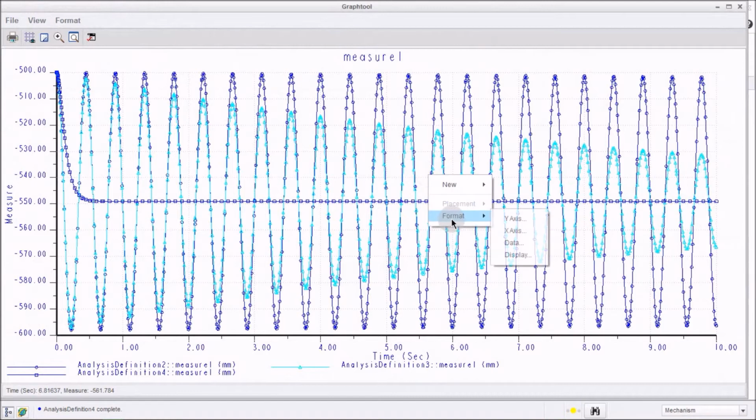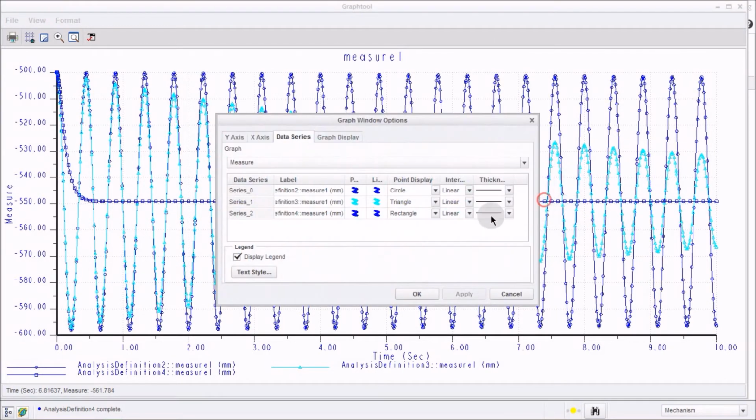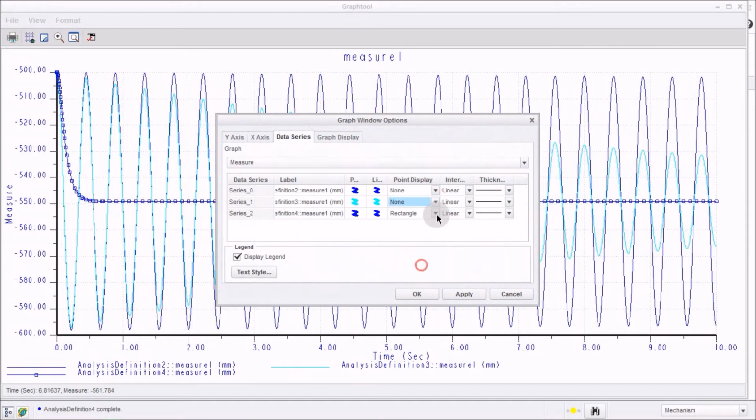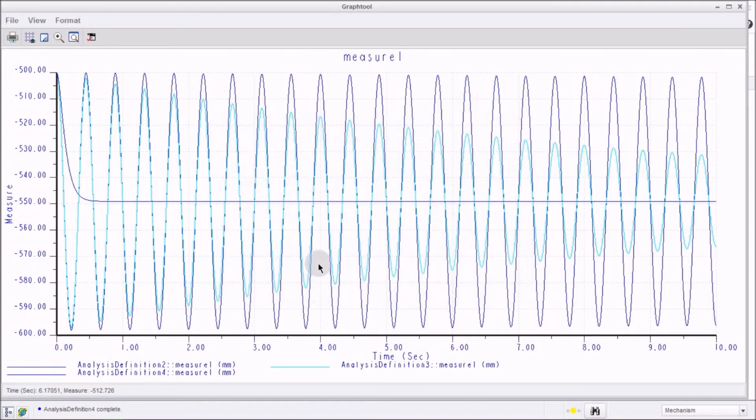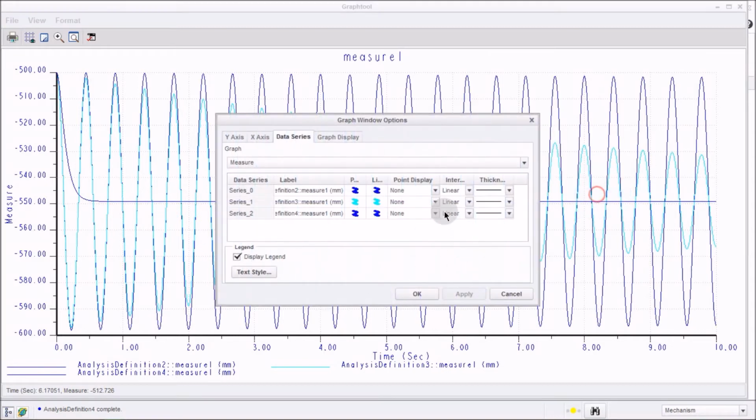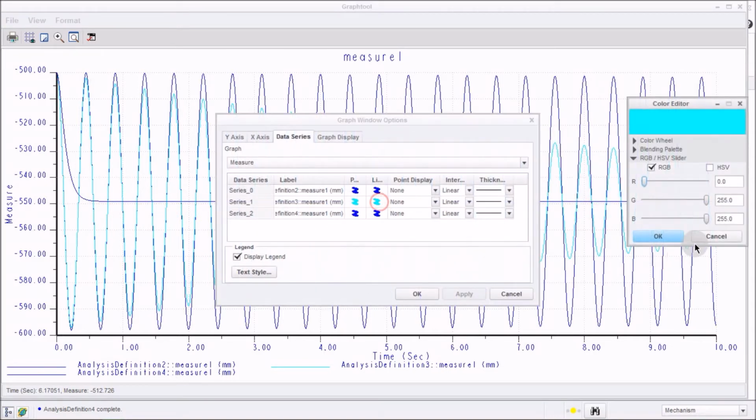For good visualization purposes, select format and data, and here at the point display select none. So here we have good visualization for this. Apply and okay. First of all, sorry, I convert this color for that. Let's say its color will be something like this.